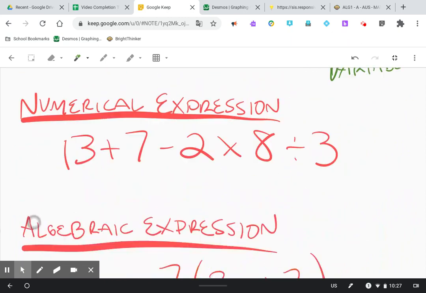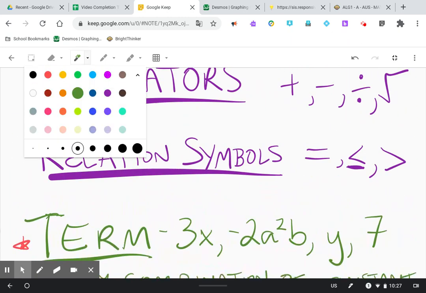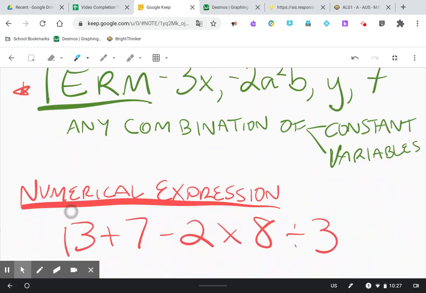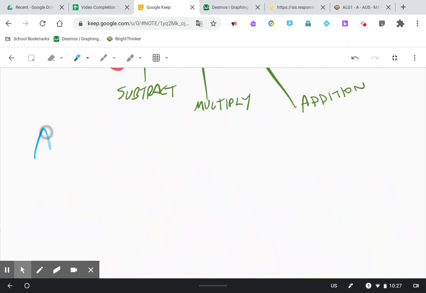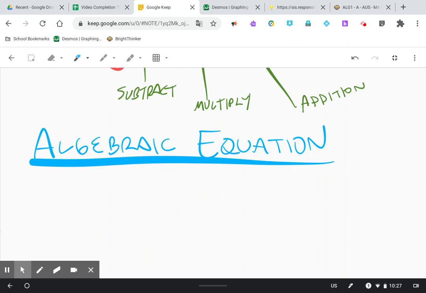Now, there's one thing we haven't addressed, which is what happens when I bring in relation symbols. Well, when I bring in relation symbols, I form what's called an algebraic equation. An algebraic equation is when I actually say that something is equal to something else. 3x plus 7 is 10.